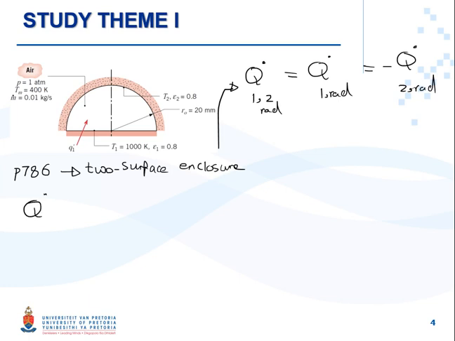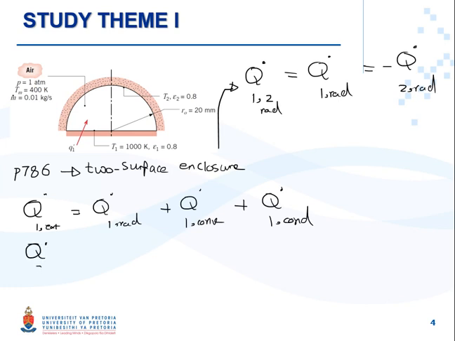So q dot 1 external is equal to q dot 1 radiation plus q dot 1 convection plus q dot 1 conduction. The same for surface 2: q dot 2 ext is equal to q dot 2 radiation plus q dot 2 convection plus q dot 2 conduction.